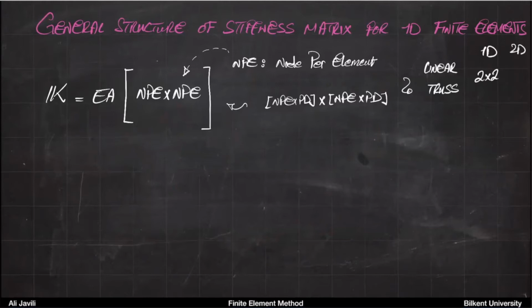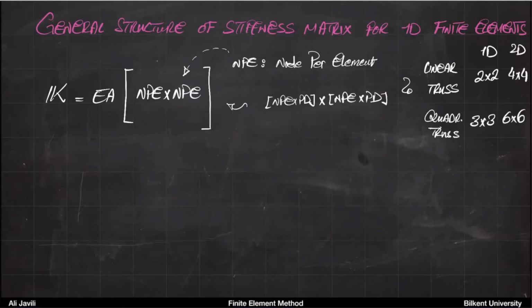In 2D, the stiffness would be 4 by 4. Okay. And if you have a quadratic truss, then in 1D, it's going to be 3 by 3. In 2D, it's going to be 6 by 6, and so on. And if you had 3D, it's going to be 9 by 9. Okay, so that's that.